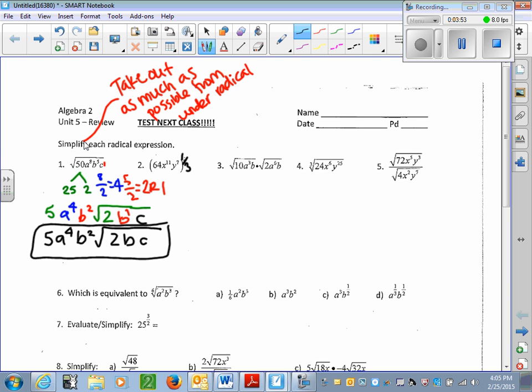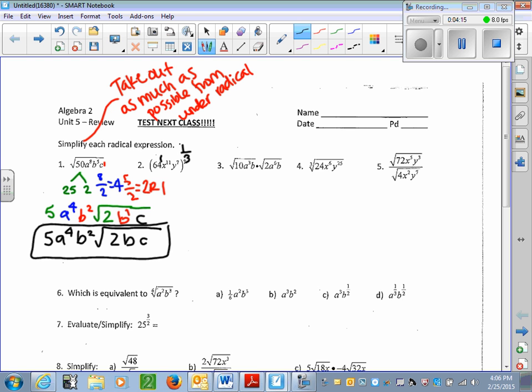To get rid of this exponent on the outside, I just distribute it to every single exponent on the inside. Remember, the exponent on my 64 is a 1. When I don't see the exponent, I know it's a 1.